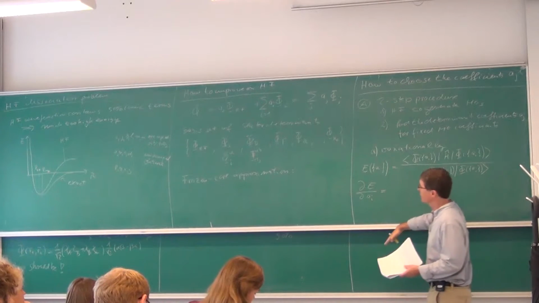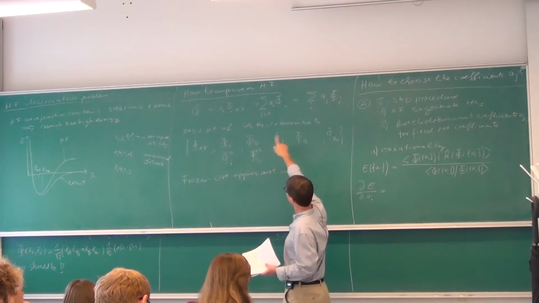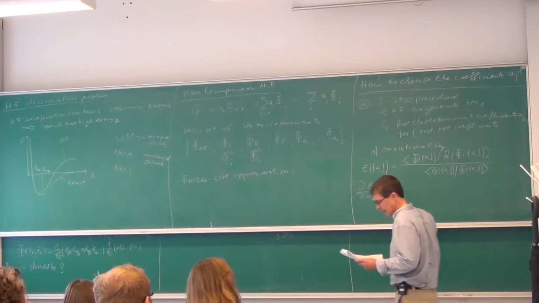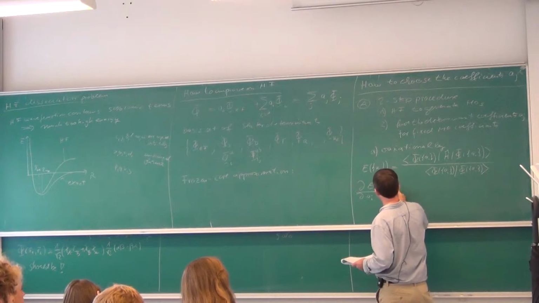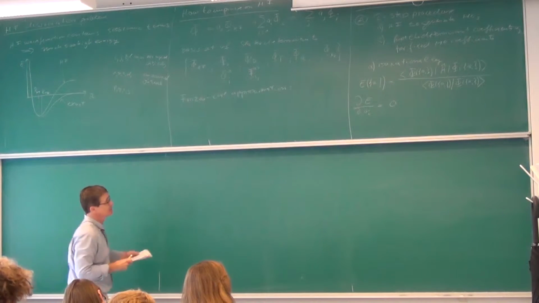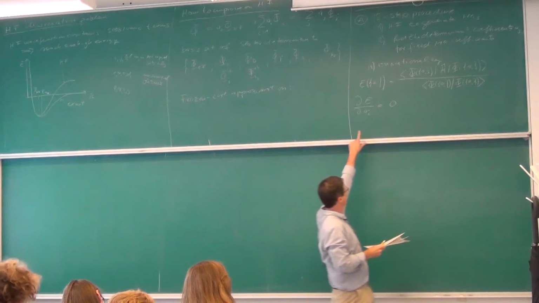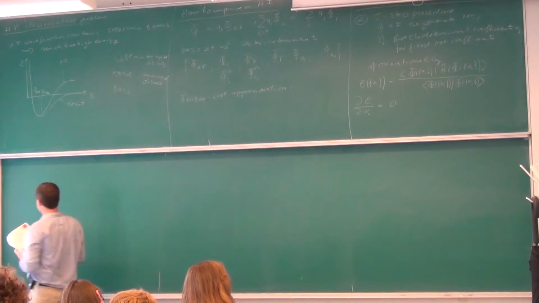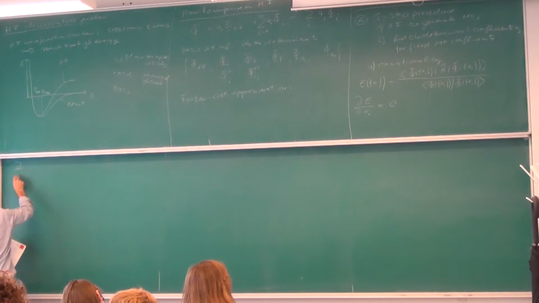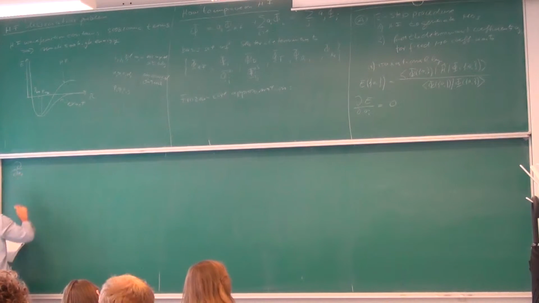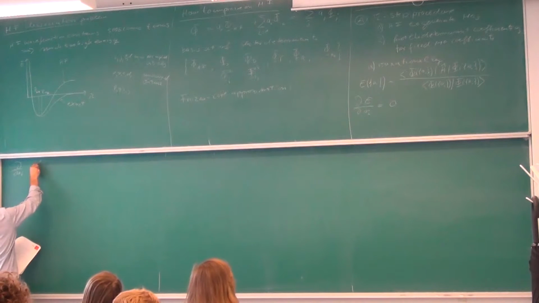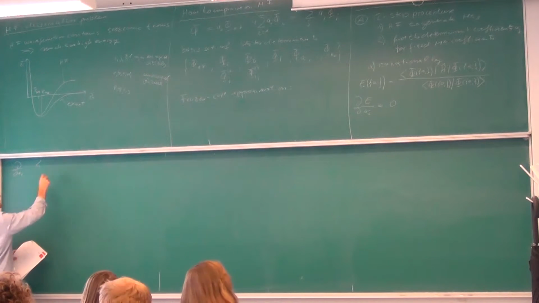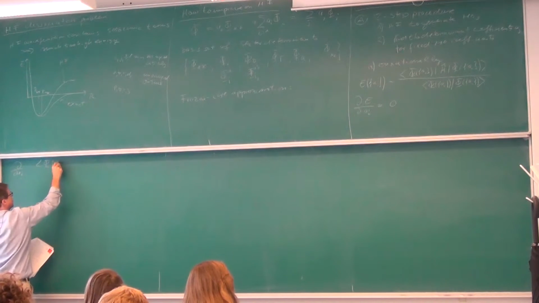That's going to be a lot of equations if we have a lot of determinants, and we set them all equal to 0. So taking the derivative of the energy with respect to the coefficient AI means I have to take the derivative with respect to AI of my expectation value.